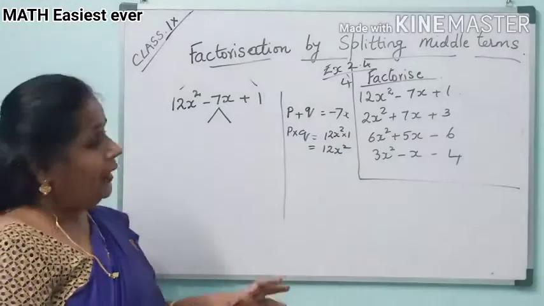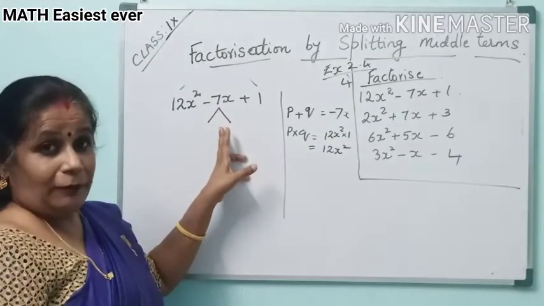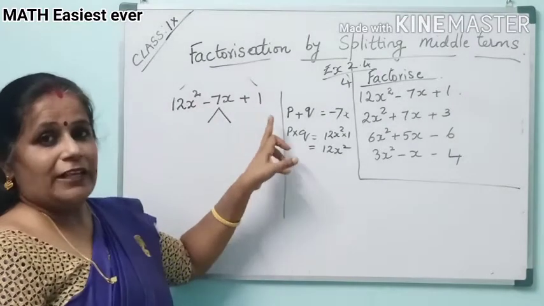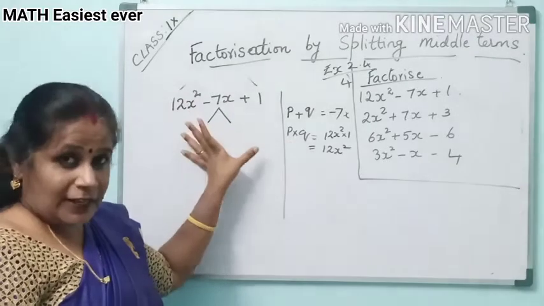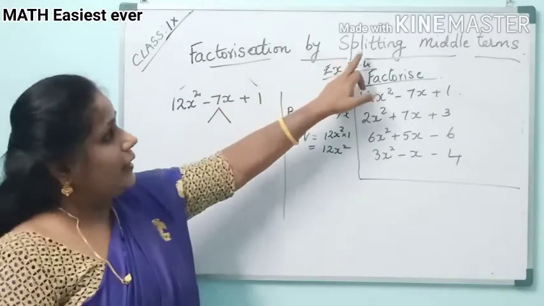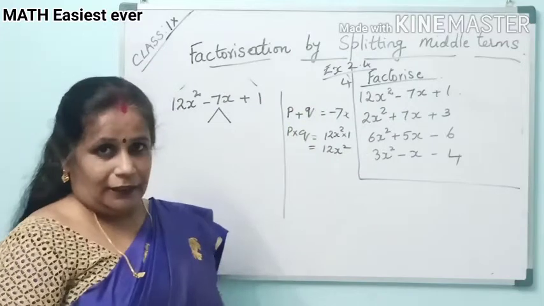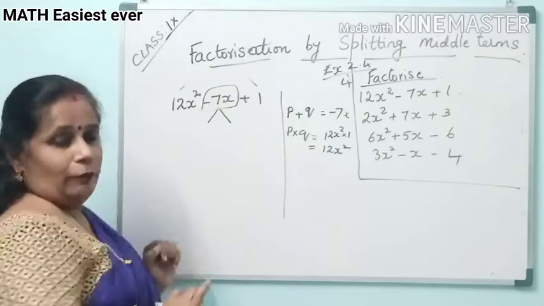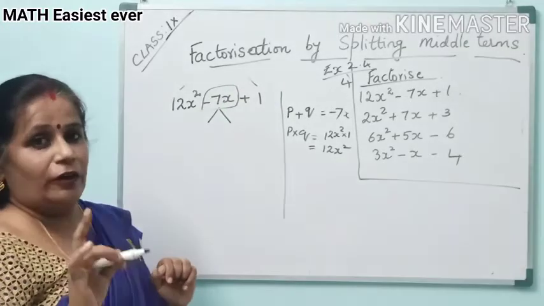I'll repeat again. The given polynomial is 12x square minus 7x plus 1. We are going to factorize this given polynomial using the middle term splitting method. Minus 7x is the middle term of your polynomial.